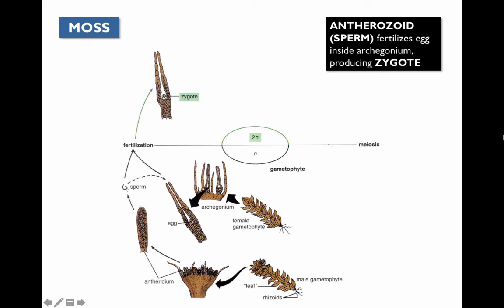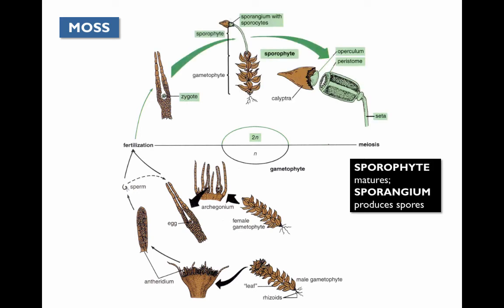And that zygote will undergo mitotic cell division and form the sporophyte, which has this three-part structure: a sporangium on a long stalk with a foot at the base connected with the gametophyte. And in this diagram we have the calyptra, the papery hat, sitting on top of the sporangium. There it is shown in the larger scale.